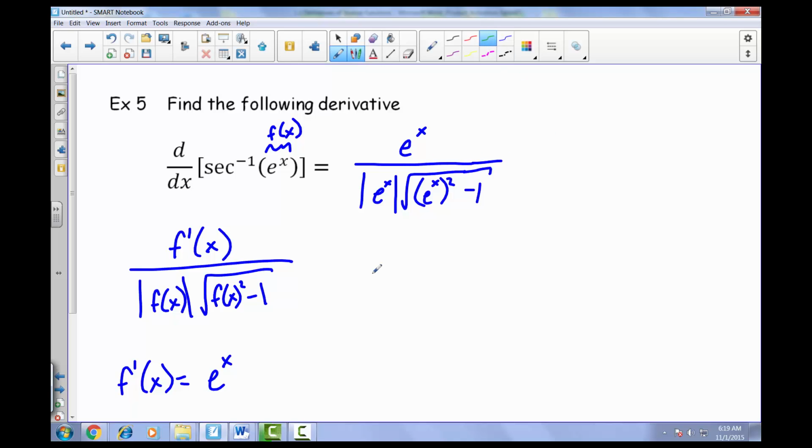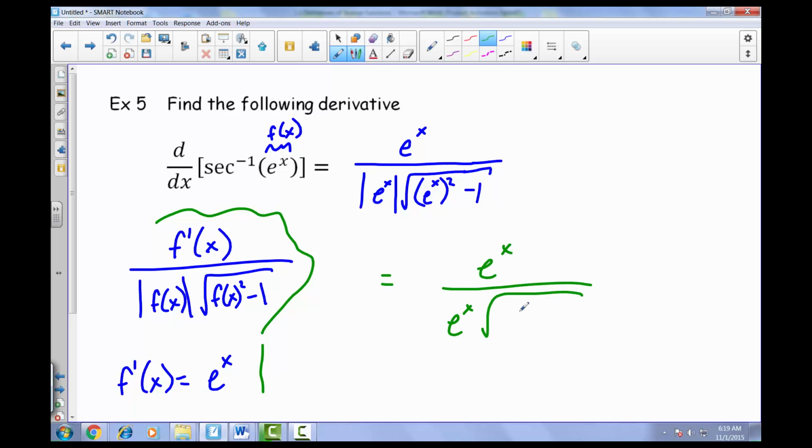So just simplifying this a little bit more, we have e to the x divided by the absolute value of e to the x, well that's just e to the x, times the square root of e to the x being squared. That's the same thing as e to the 2x, because you have a power raised to a power, minus 1.